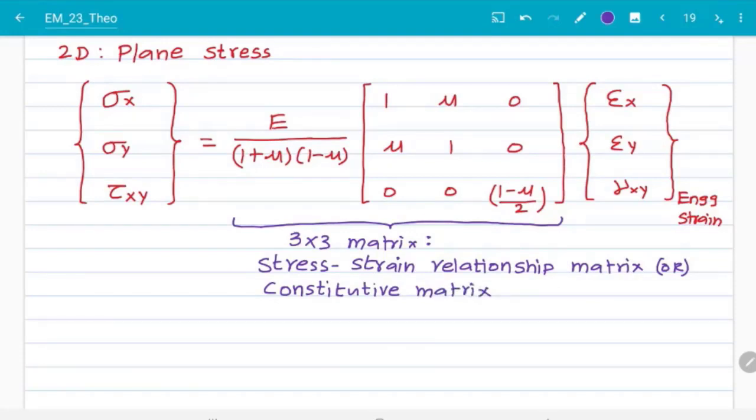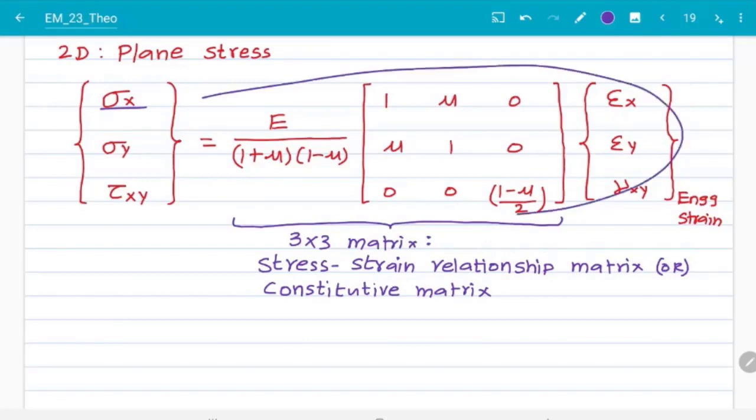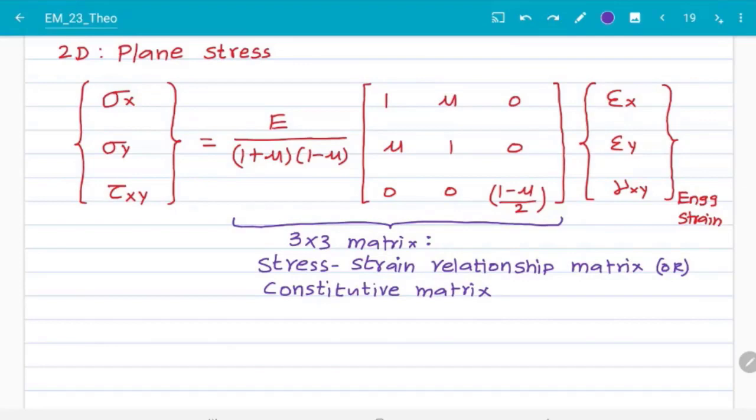This equation is also called the constitutive equation. Okay, right. So this is the application of engineering strain.